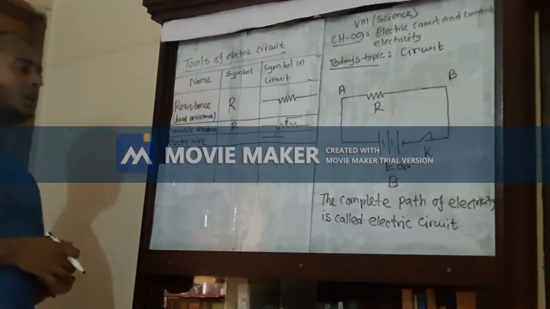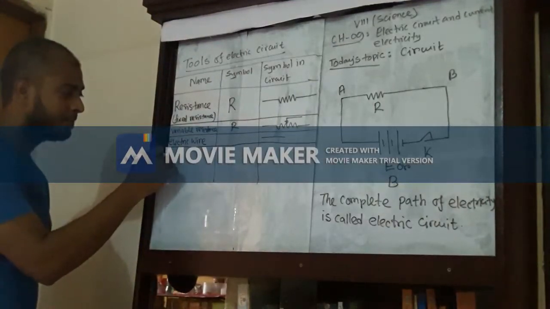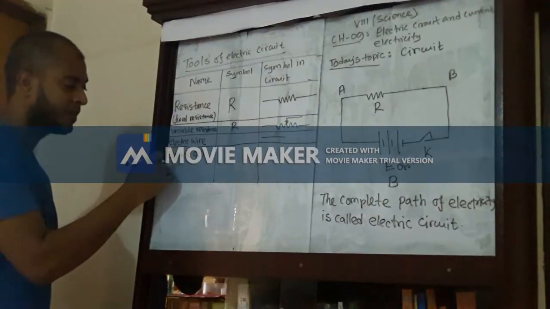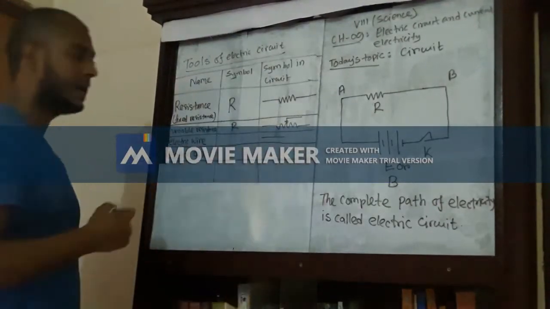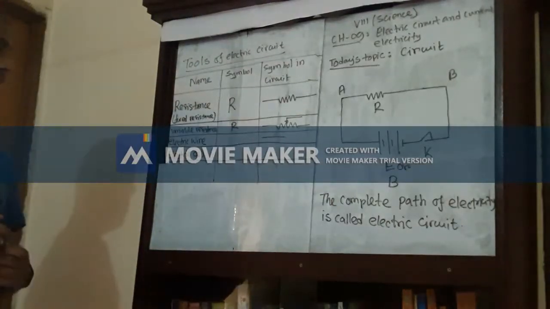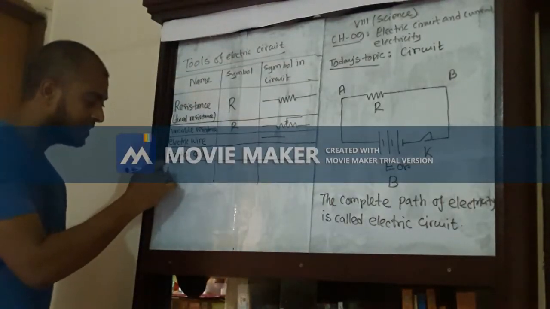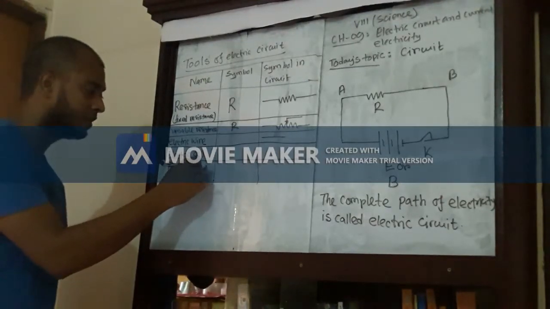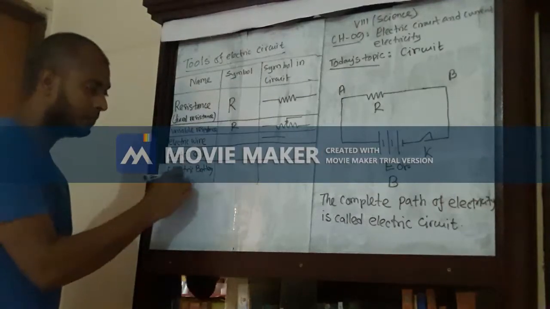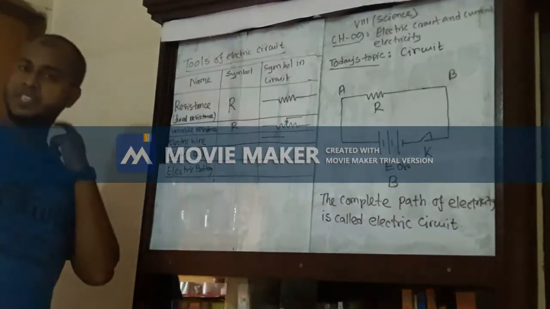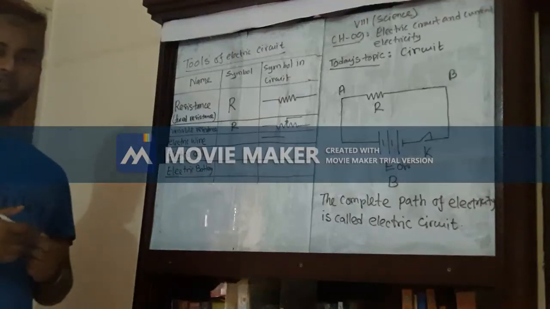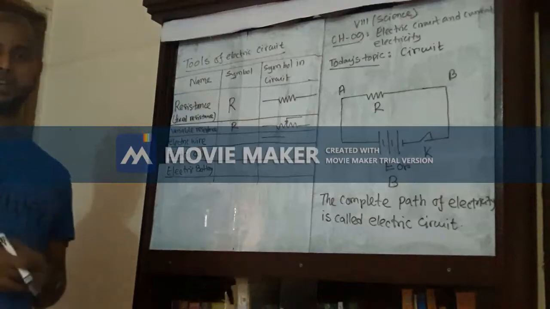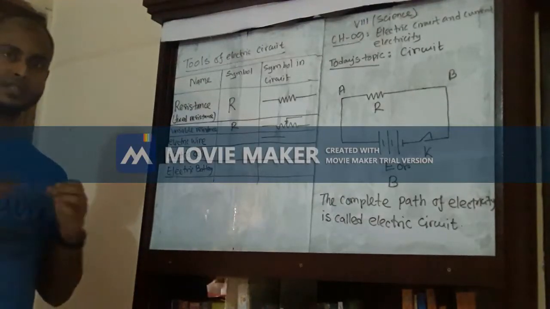The next step is the electric cell and the electric battery. There is a difference between cell and battery. A cell is just like a cell of an animal body or a plant's body.